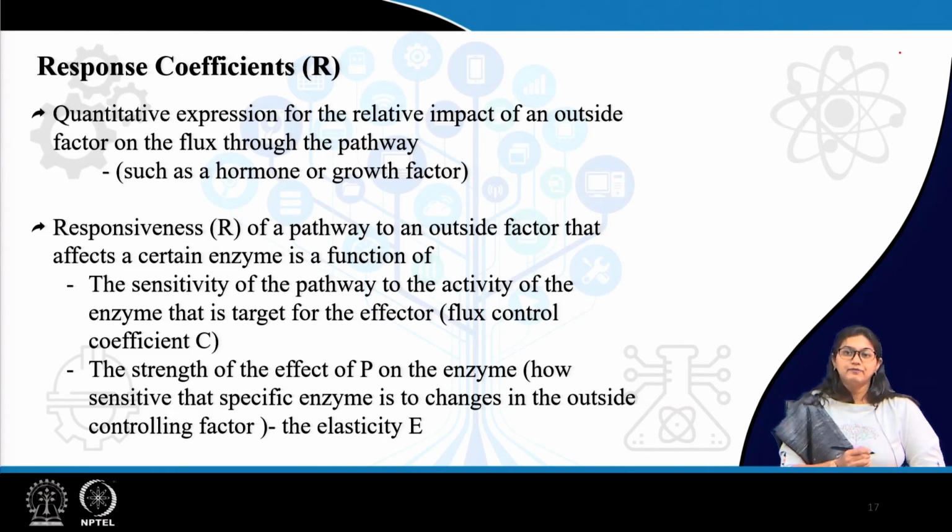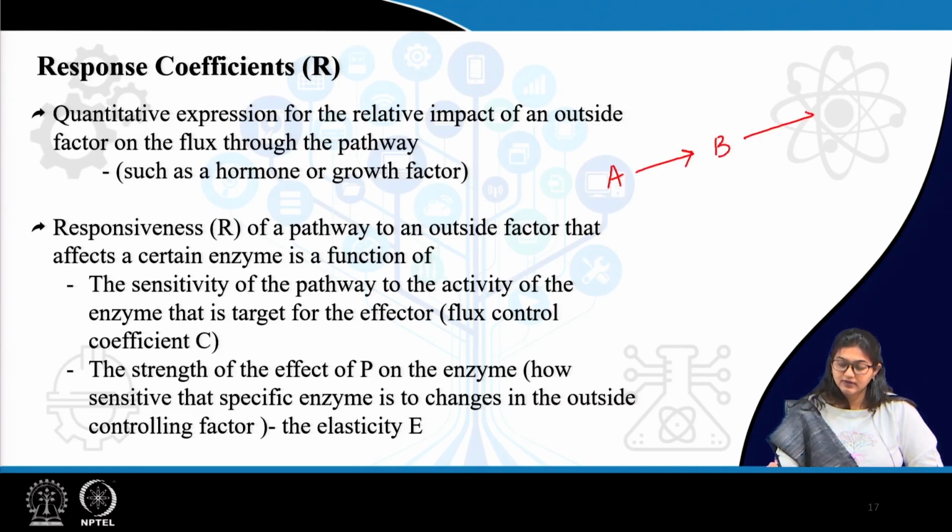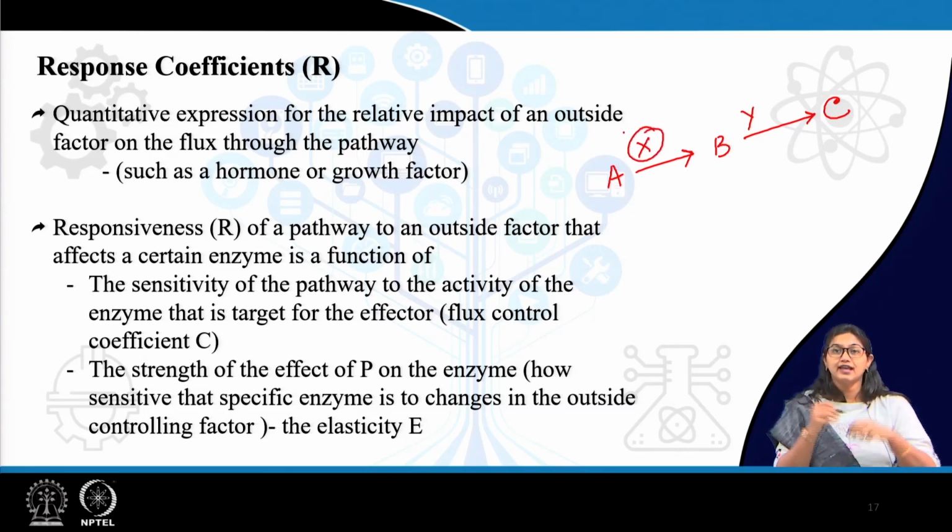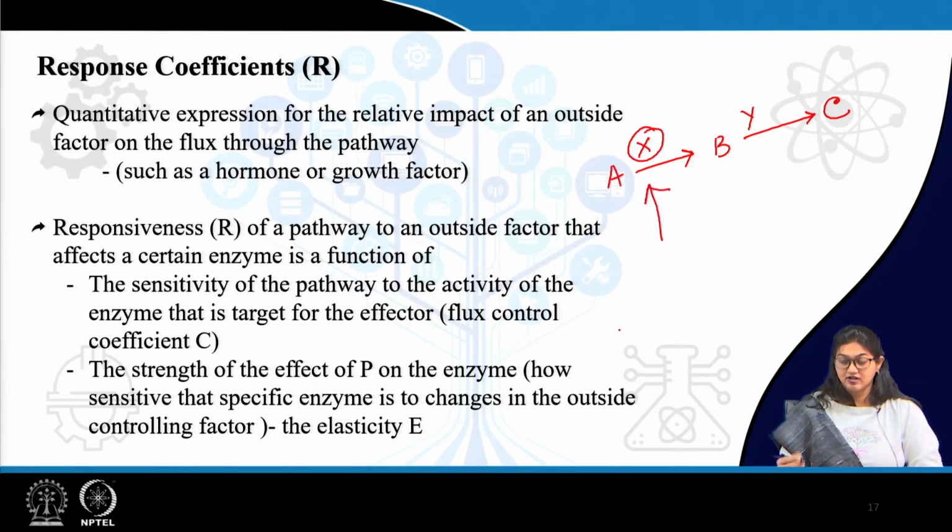in a pathway, what is the role of that enzyme, how much the enzyme is actually controlling the pathway, that decides the responsiveness. Suppose this is the reaction and these are our enzymes. Now, X is the main enzyme which is affected by external regulator, suppose hormone.